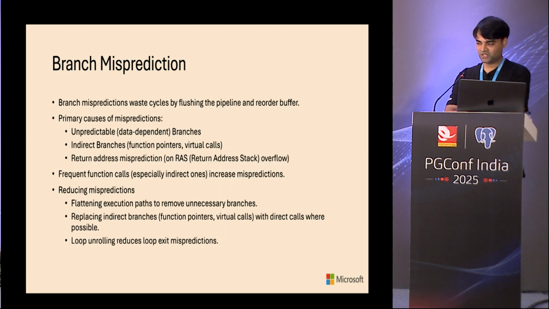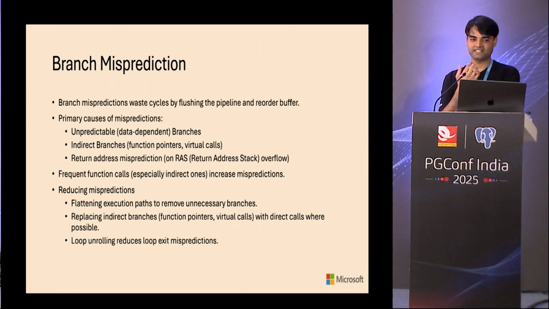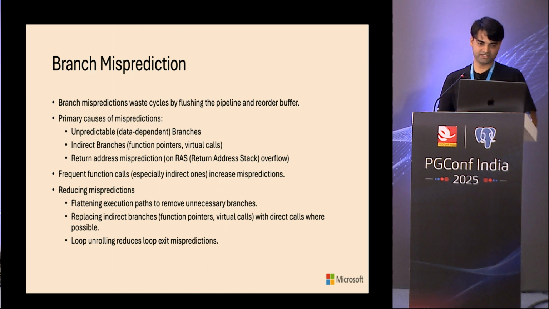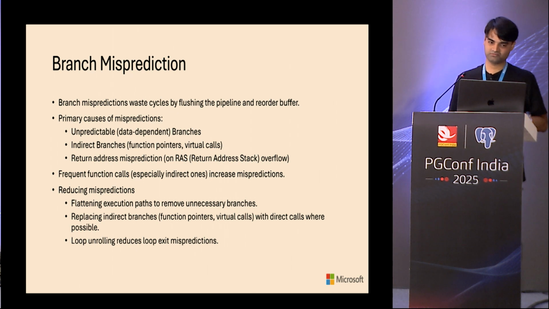And finally, what causes branch mispredictions? You have to look at why we have branch mispredictions. Why could the CPU get into these situations? There are a few primary reasons. First, you have unpredictable branches.